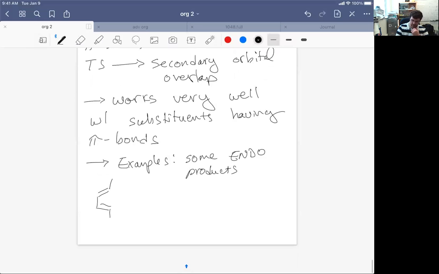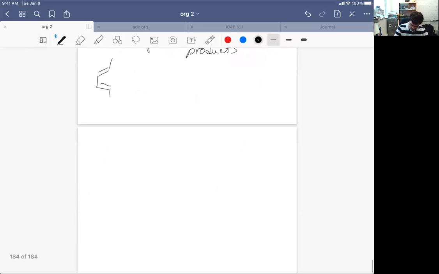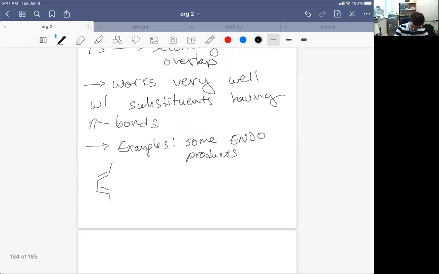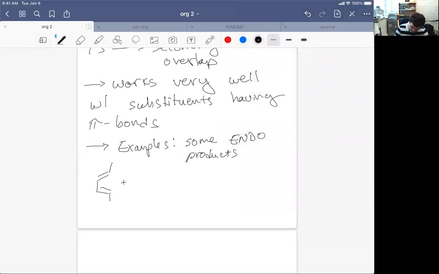We're going to have these two methyl groups here, and I'm going to let these react with a bunch of different dienes, where we have exo and we have endo.